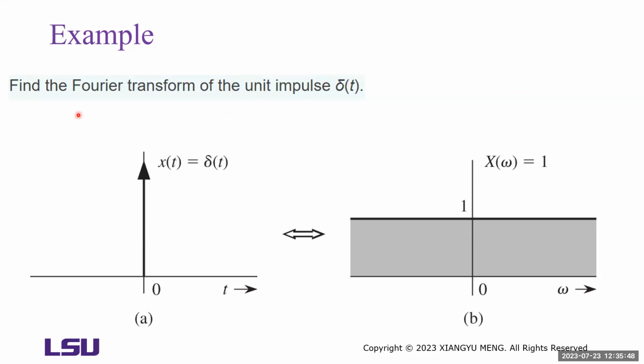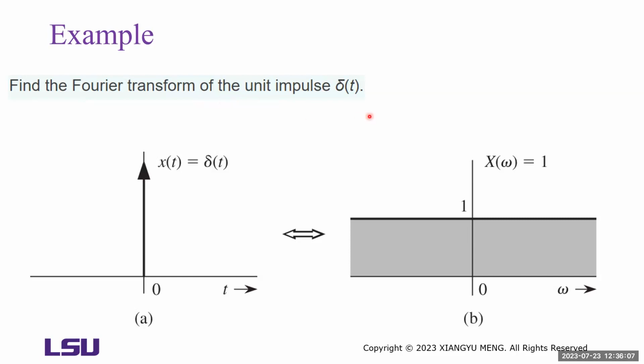Let's see this example. Find the Fourier transform of the unit impulse function delta t. We can find the Fourier transform using the definition. Later on, I will also show you how to do it in MATLAB.